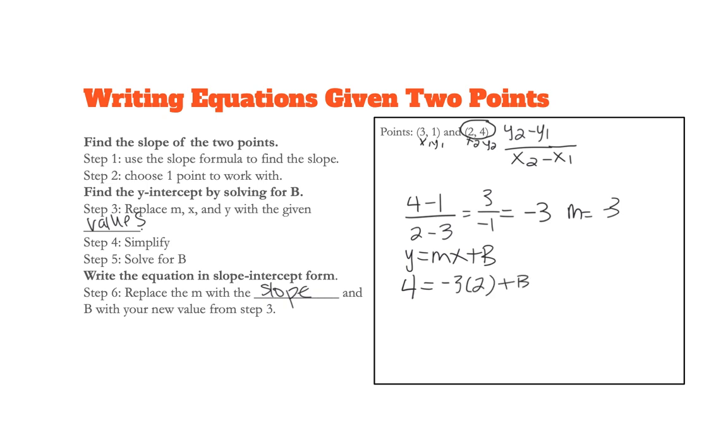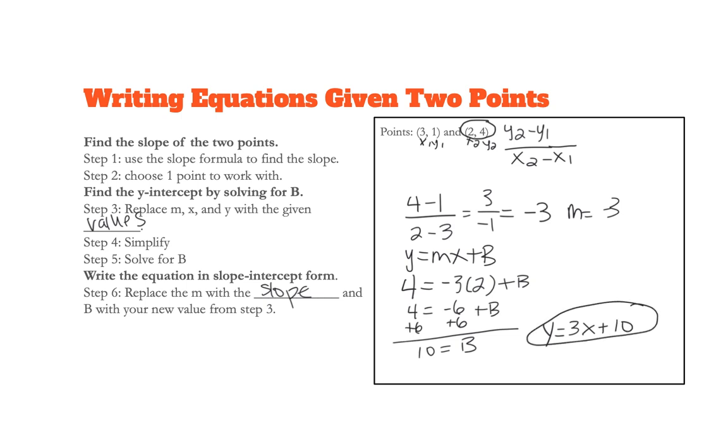So we would go ahead and simplify. 4 equals negative 6 plus b. So here we would add 6 to both sides, getting 10 equals b. So we now have the two pieces of information that we need for y equals mx plus b to get our equation of the line that passes through these 2 points that is written in slope-intercept form. Y equals 3x plus 10.